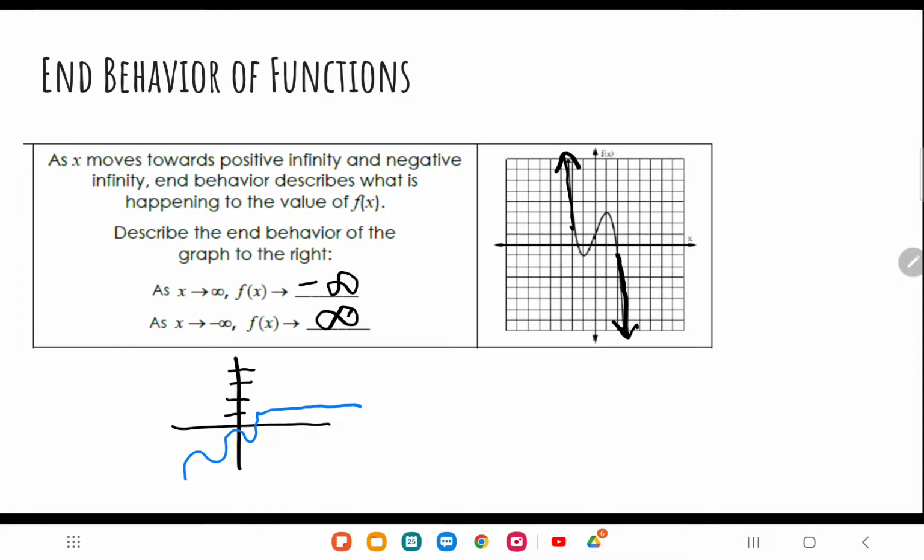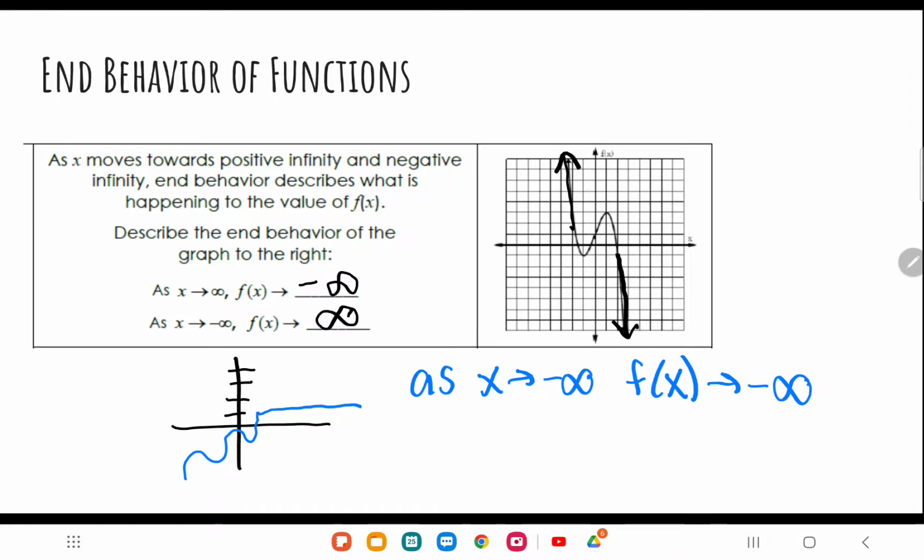So in this case, as x goes to negative infinity, over on the left-hand side of the graph, f of x also goes to negative infinity. The arrow is pointing down. So there's my end behavior on one side.